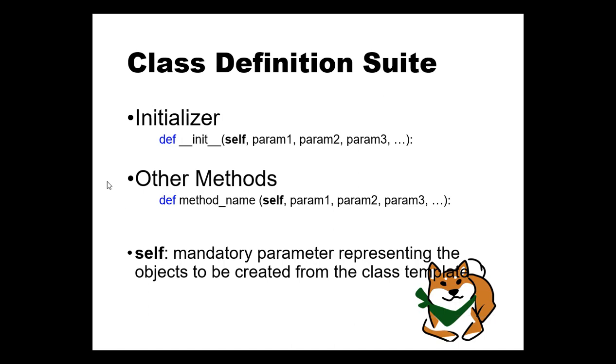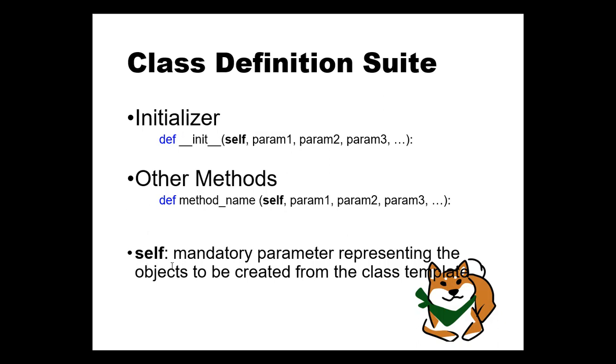So here's the syntax for the initializer and other methods. The initializer starts with the keyword def, followed by double underscore, init, and another set of double underscore. This is followed by a set of parameters separated by commas. The first parameter is self, which is kind of special.